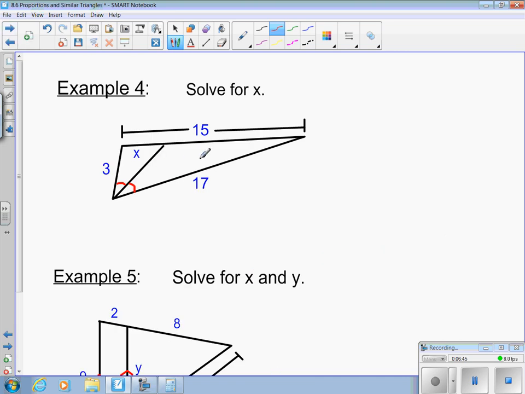And I guess we got 2 more examples left. Now solving for x. This is where it gets a little bit trickier, because if you remember that theorem, it said the ratio of this part to this part. So we're going to have to write an expression for this segment.